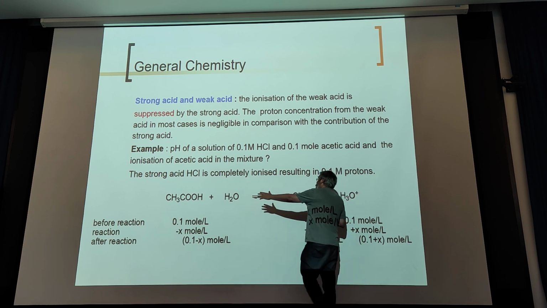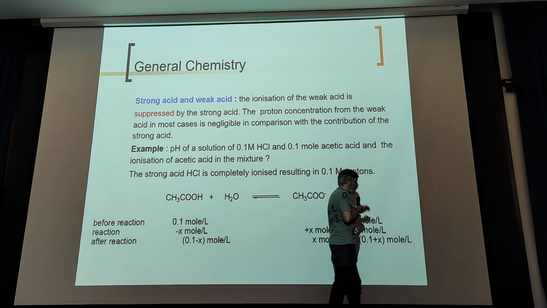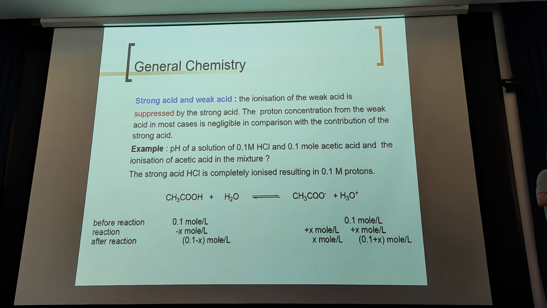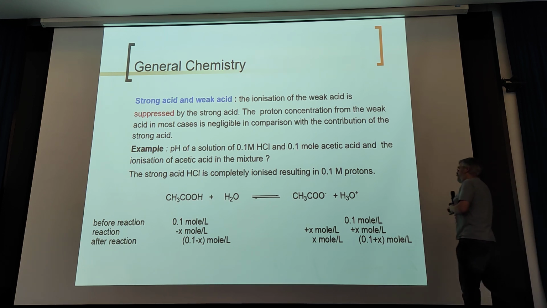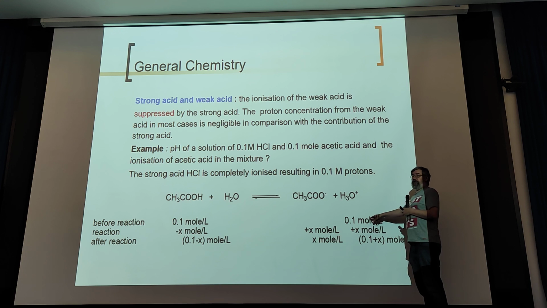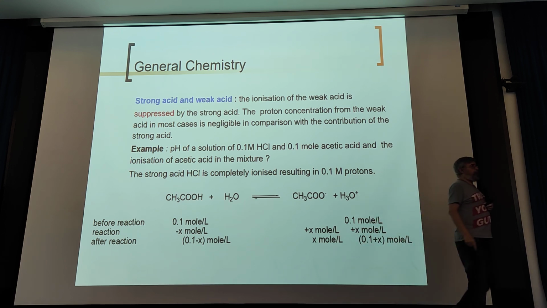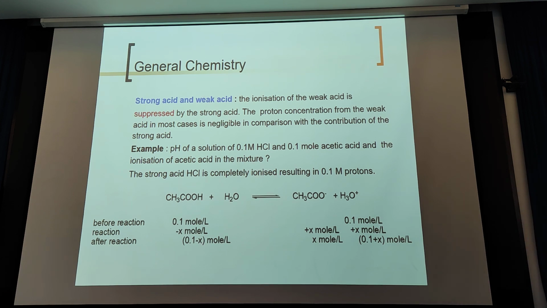This is again the reaction equation. Acetic acid is reacting with water and giving its proton, forming H3O+. We form acetate, and the thing that is different now is that we have already from the beginning 0.1 mole of H3O+ present.